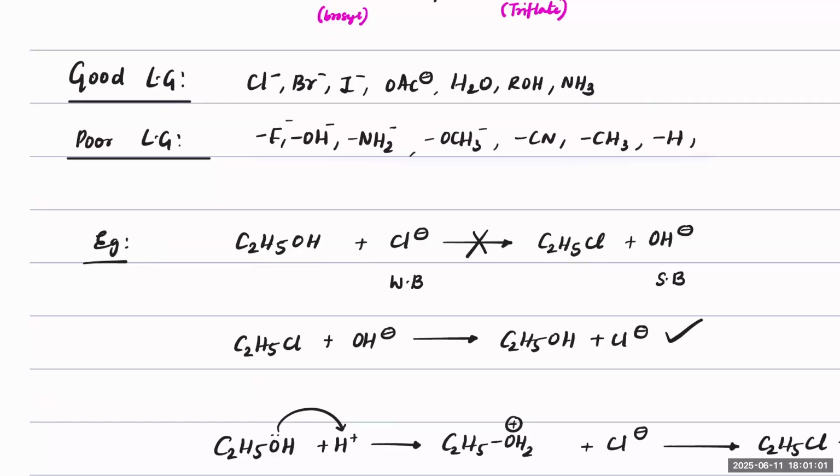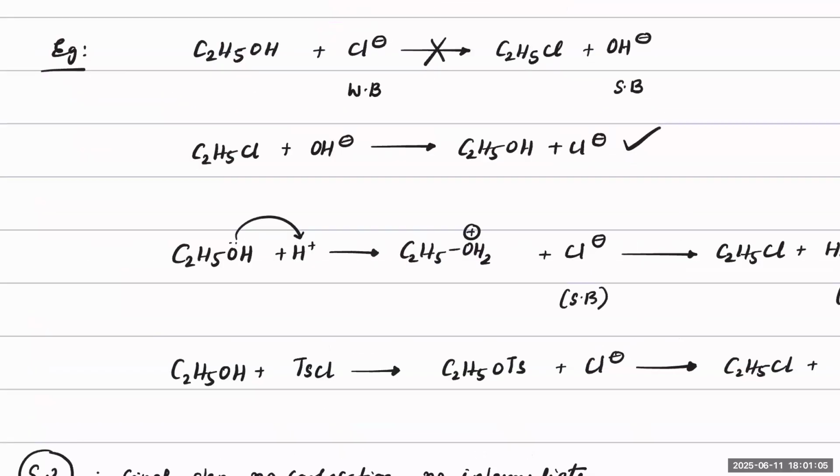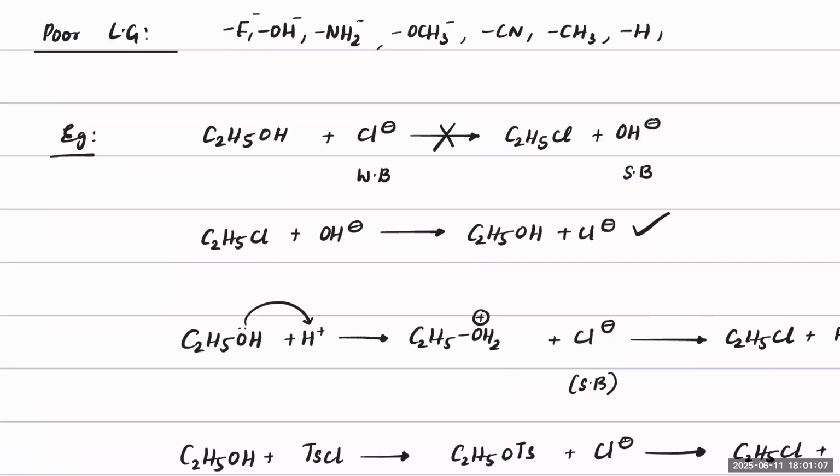Now, generally in a chemical reaction, this is something which we need to observe here: if there is a leaving group like OH minus here, and I'm pushing Cl minus to this, trying to remove OH minus. Now, after the reaction, you compare these two species, this one versus this one. Between these two, which is the stronger base?